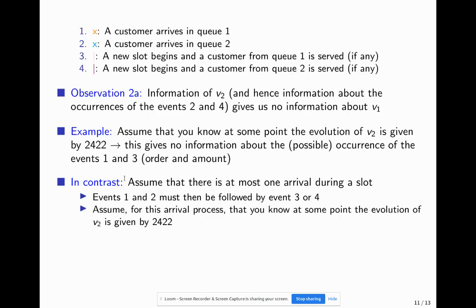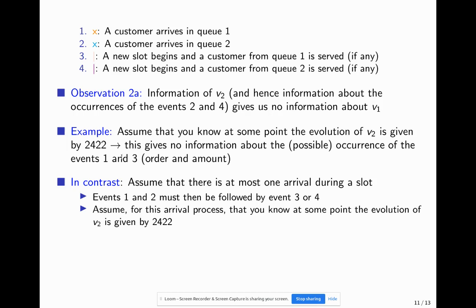Then the other observation, observation 2a, is that information of V2, and hence information about the occurrences of the events 2 and 4, gives us no information about V1. This is important and maybe not immediately obvious. Assume that you know at some point that the evolution of V2 is given by the sequence 2, 4, 2, 2, in that order.